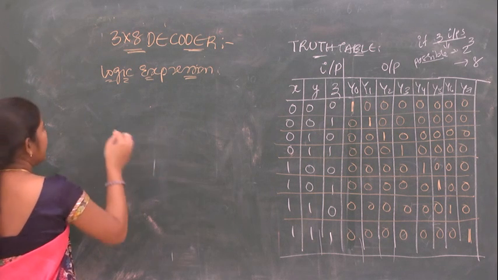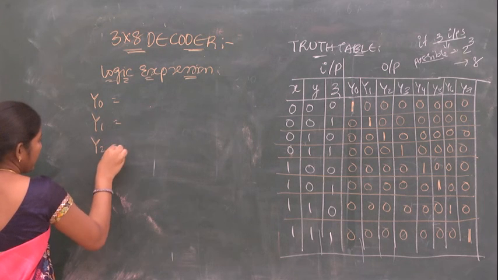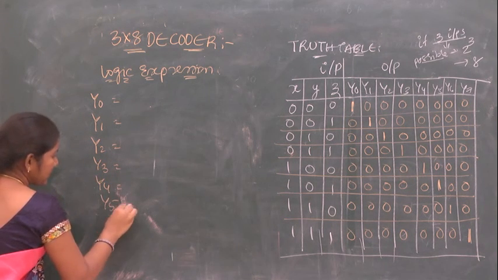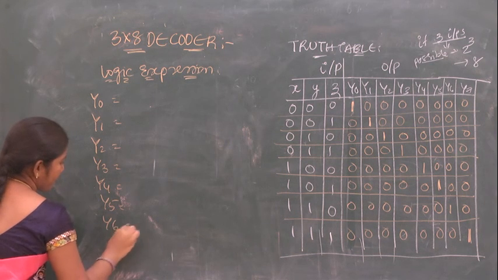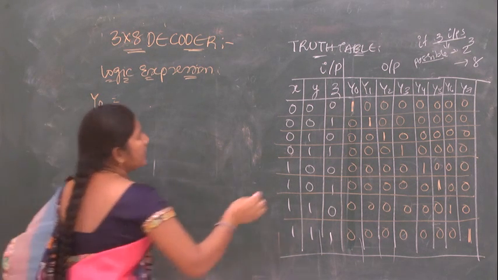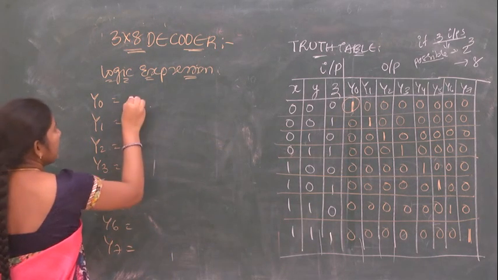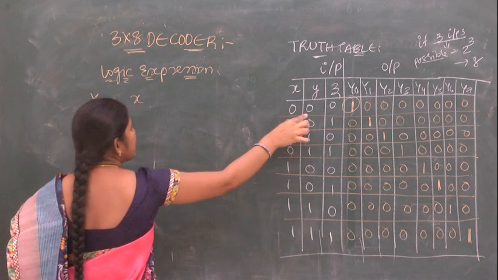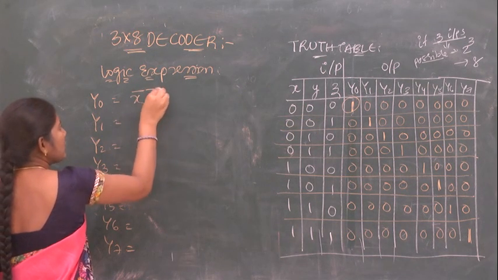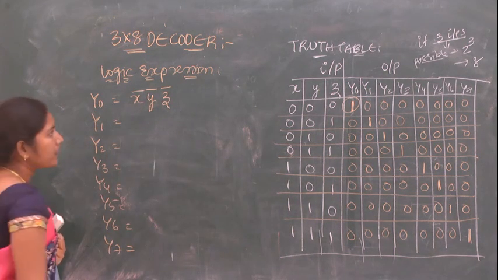As we are having 8 outputs, which are Y0 to Y7, find the logic expression for all outputs. To get Y0 as high, XYZ must be 000. 0 means consider those values in complemented form, so X bar, Y bar and Z bar.